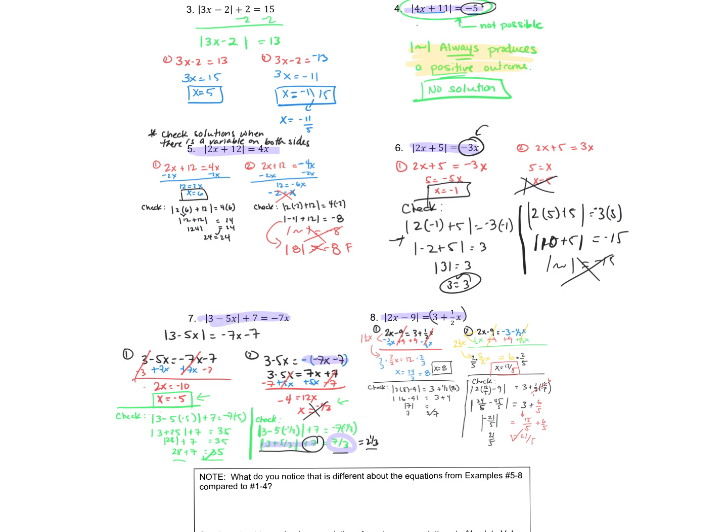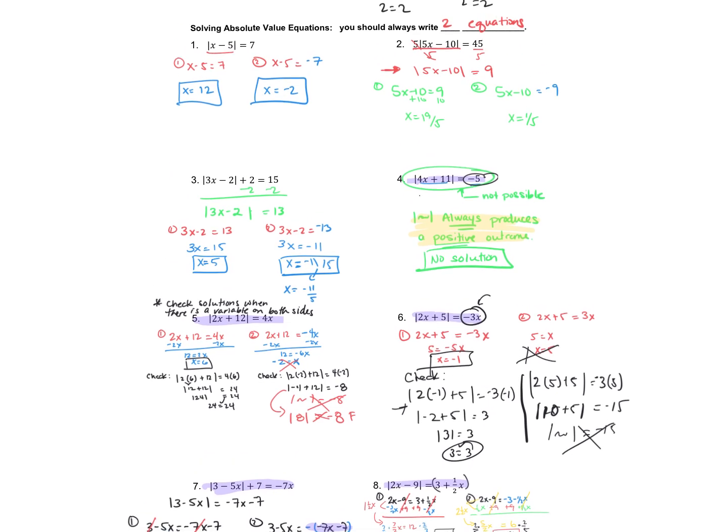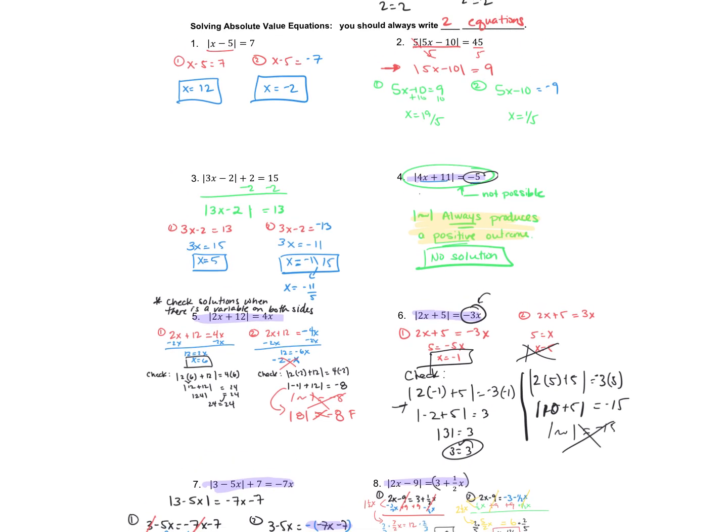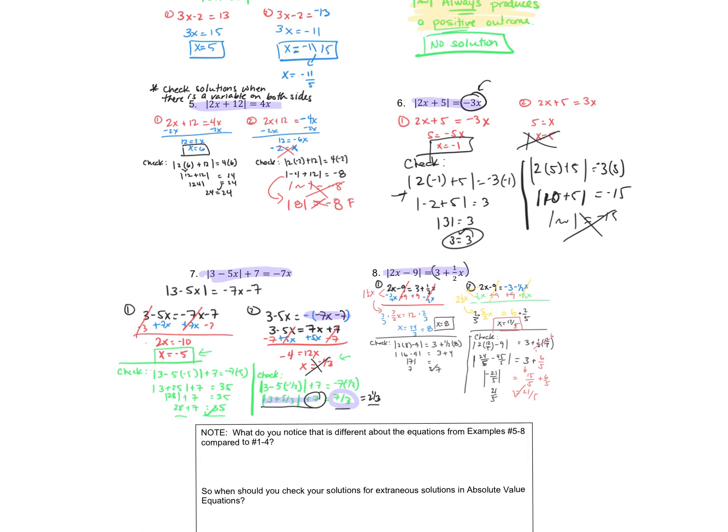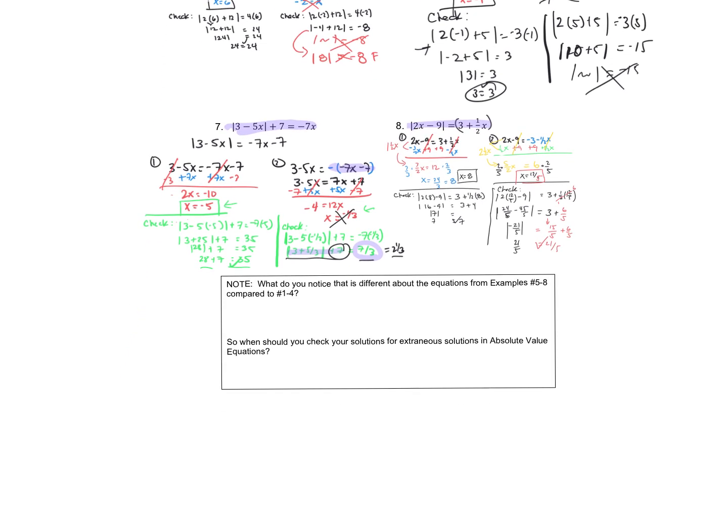And then when we look at 1 through 4, what do they look like? This one and this. Now we're comparing these two. So if you notice, there is a variable outside of the absolute sign for examples 5 through 8, while for 1 through 4, there is not.